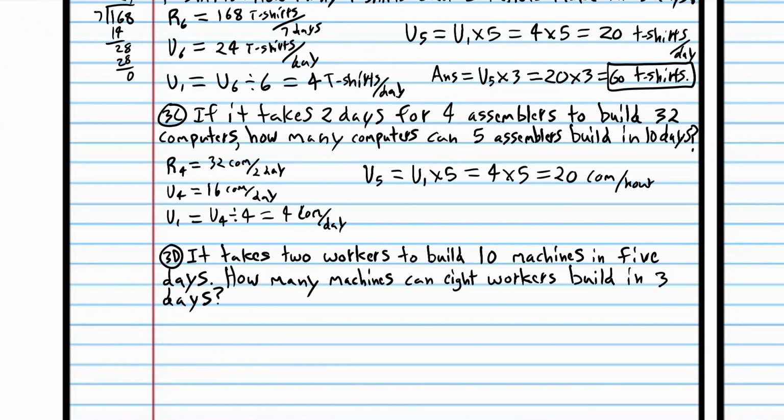Excuse me, that should be per day. 20 computers per day, but now we have 10 days. So the answer is going to be U5 times 10. U5 is 20. And you know from the previous classes that when you just multiply a number by 10, you just add a 0. So you add a 0 to 20 and it becomes 200 computers. So if you got 200 computers, good job.